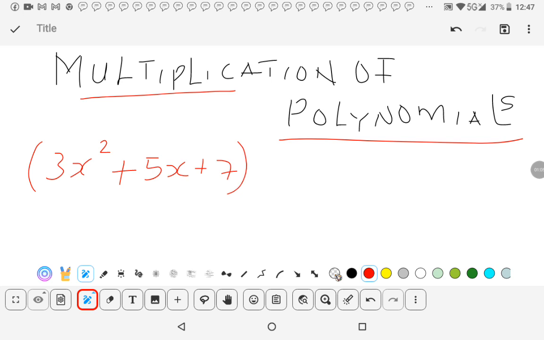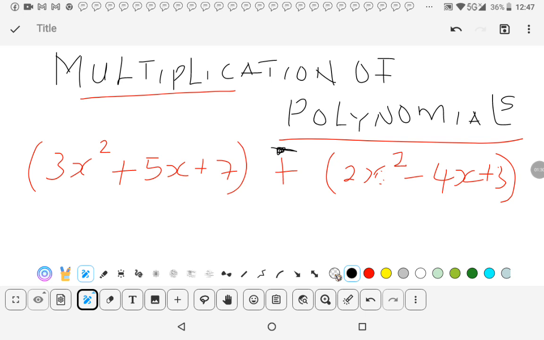If you're to add it with another polynomial expression, which is 2x squared minus 4x plus 3. So take note of the sign. The question says add. This is the sign right here.